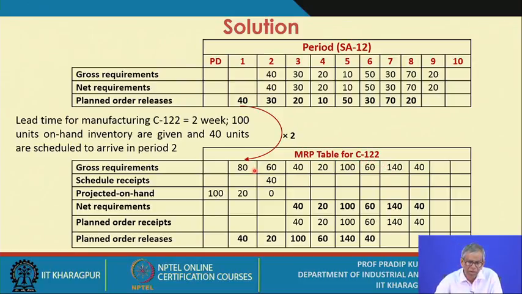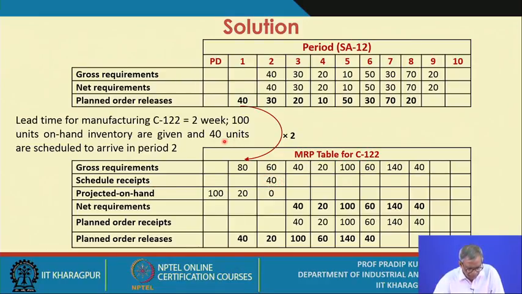That means, at what time you require to supply a specific item is specified. So, the gross requirements in week 1 you have 80, 60, 40 and so on for the remaining time periods. The scheduled receipts is 40 units.